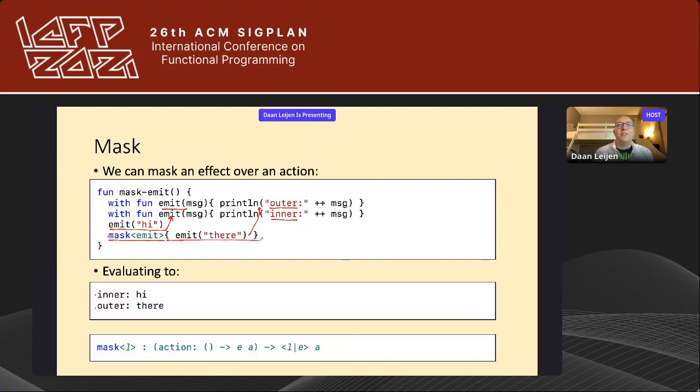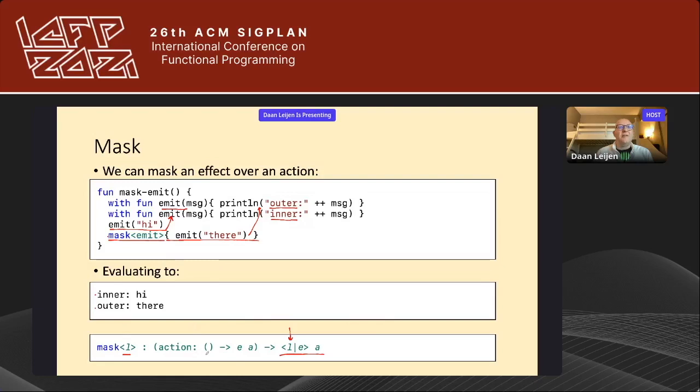And I think this masking relates really well to the idea of evidence passing. Because what is mask doing? Well, it removes the innermost entry for emit from its evidence vector and exposes the one behind it, right? You can see that in the type signature. If you mask some particular effect L, then you must be in a context where L is defined, right?